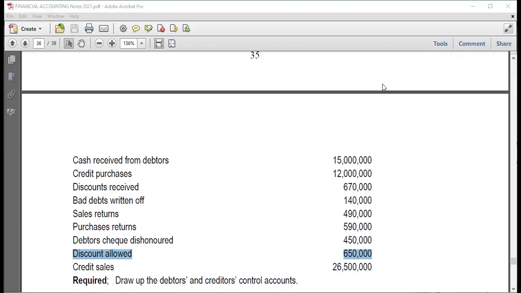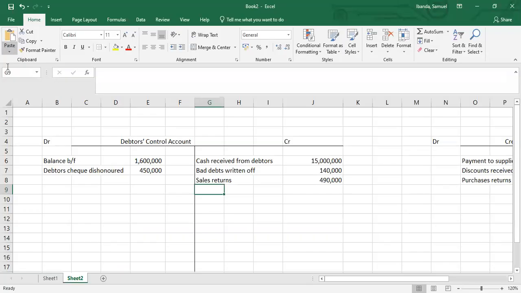They should reduce how much we should expect from debtors. And that is why it should be credited, okay? It should be credited. So just come here.